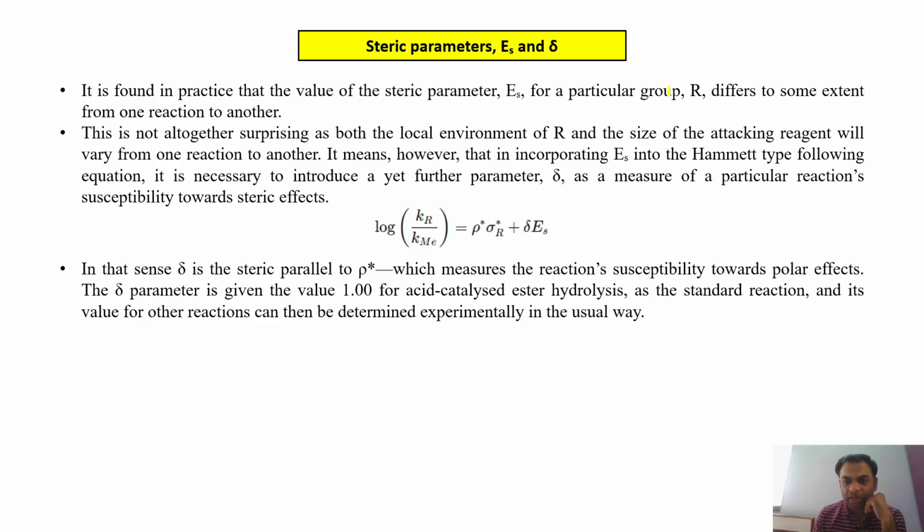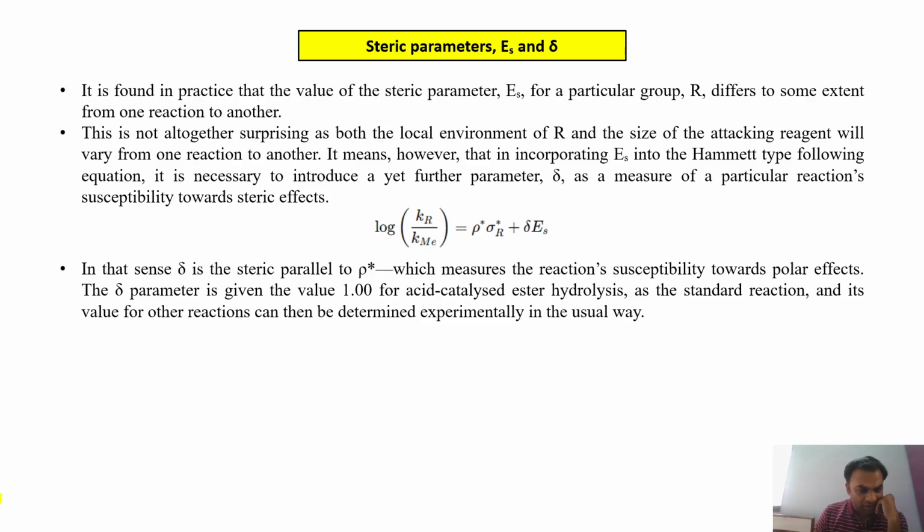This is because here we consider the effect of the R group in the reactant only. What about the reagent, the steric effect of the reagent? For a particular type of reaction, the steric effect caused by the incoming reagent also changes as the reagent of that particular reaction changes.